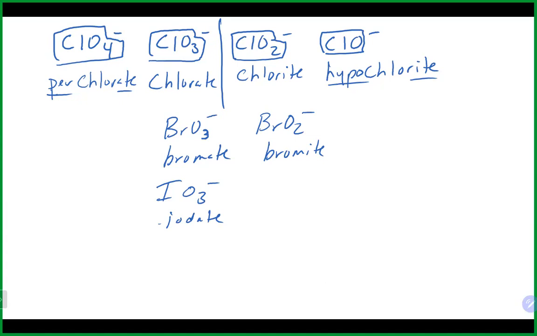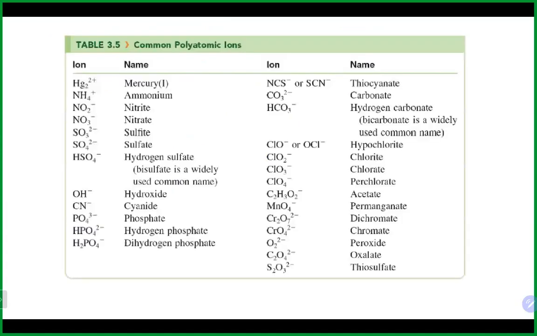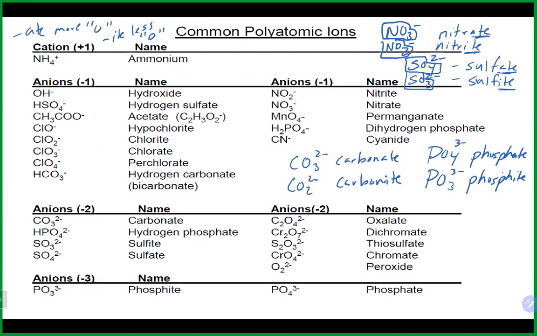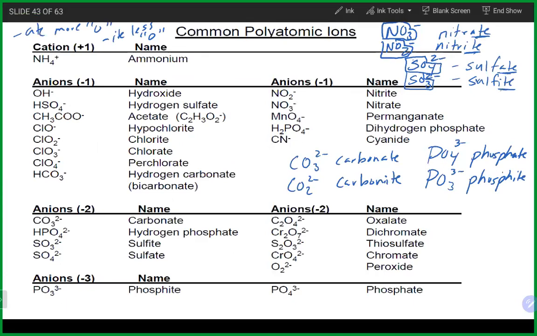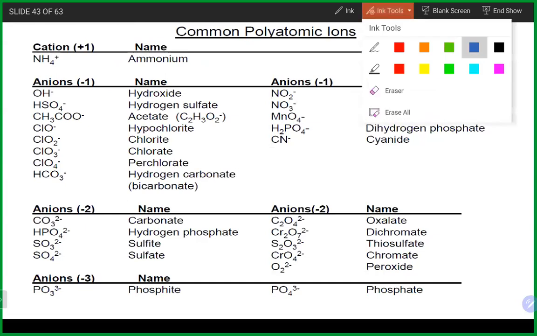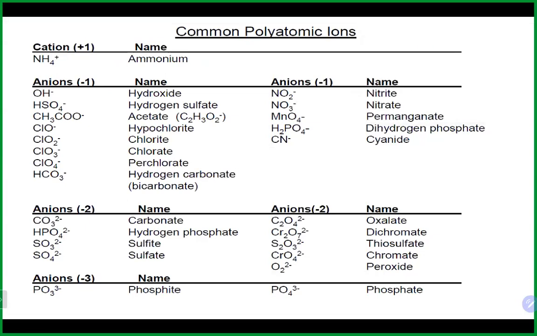A couple other things if we look at the table that we will see. There are certain ones where we add, for example, hydrogen or H plus in front of it. So we looked at carbonate, which is CO3 2 minus. If I put an H plus in front of it, that gives me HCO3 minus.